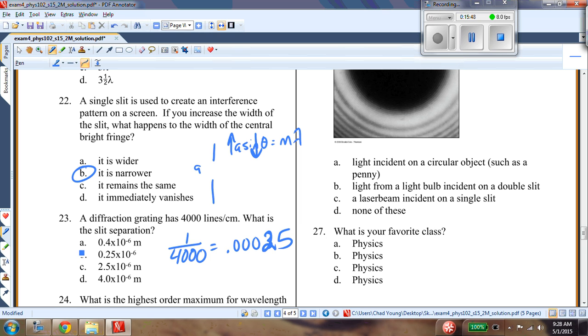All right, so I know it has to be either B or C. I just need to figure out which it is. Now this is in centimeters, so I'm going to move it over 2 spaces, so that's 2.5 microns. Or rather, yeah, 2.5 times 10 to the minus 6. C is the right answer.